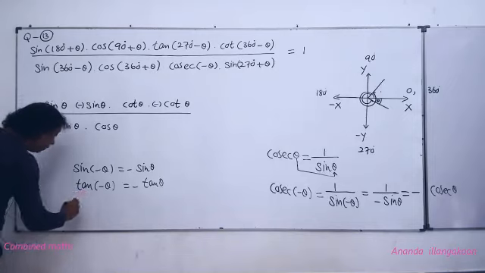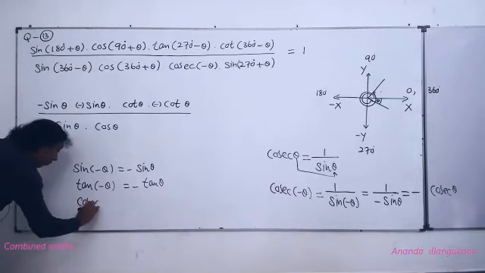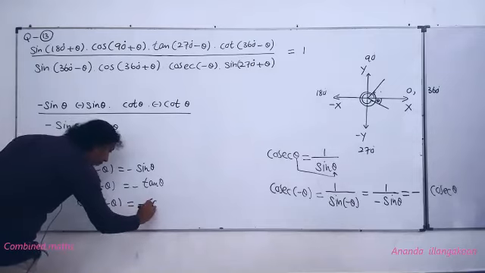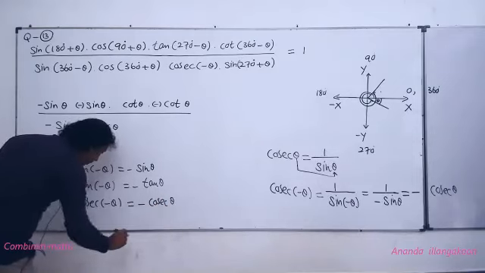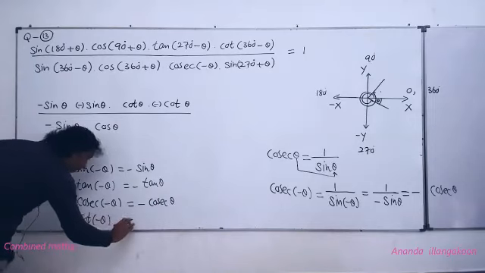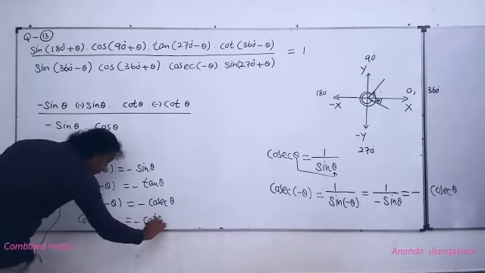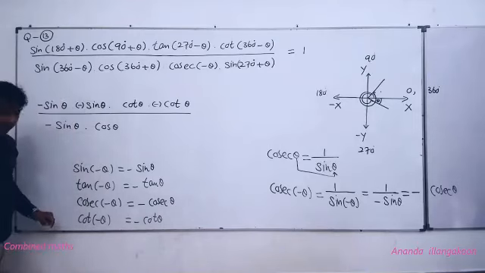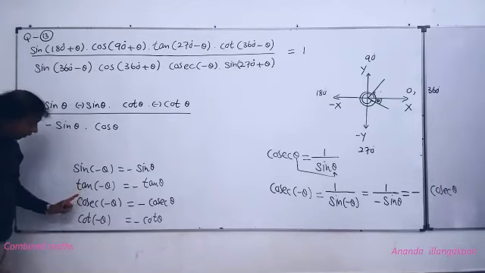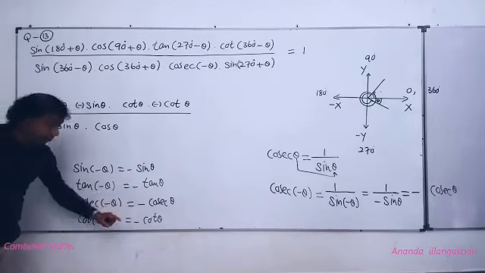Then cosec minus theta can be written as, taking this minus sign out, minus cosec theta. Cot minus theta also we can write as minus cot theta. Then remember, when we have a minus angle, for sine, tan, cosec, cot, the minus signs can be taken out like this.